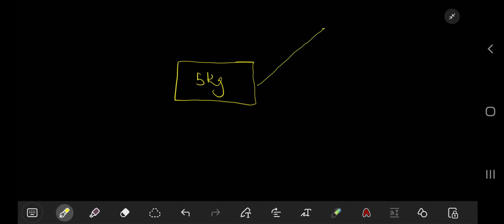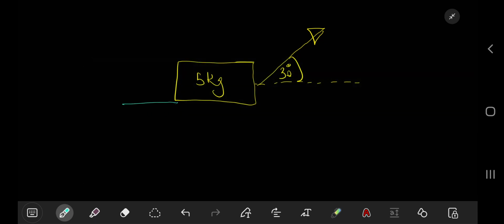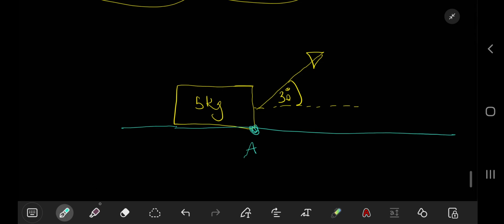So with the aid of a diagram, say again we have an object of mass 5 kg, and then we have an applied force which is applied at an angle of 30 degrees, and this object is initially resting on a horizontal surface at point A. Now the applied force, which is 100 newtons, causes the object to move from point A to point B, which is 5 meters.